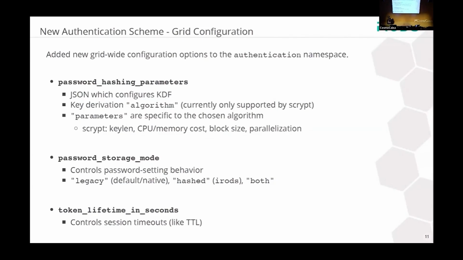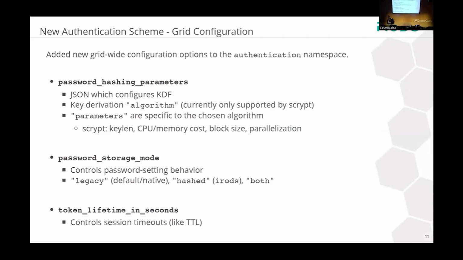There's a password storage mode. This will affect the default behavior of ipasswd and setting users' passwords via iadmin mod user. Right now, the way things have always been is the legacy setting, so setting a user's password means you're changing their native password.